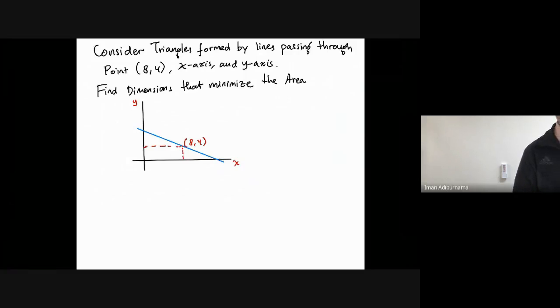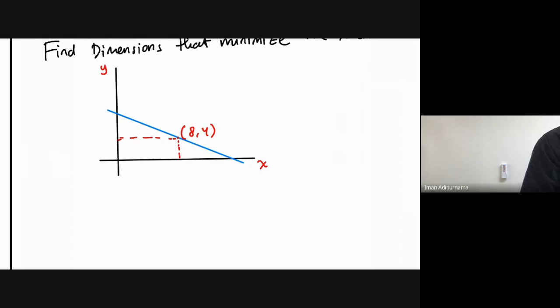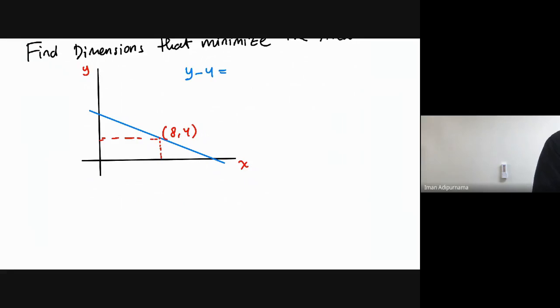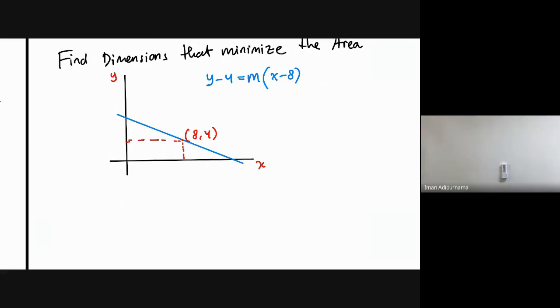Okay. We can write the line equation. y minus 4 is, let's say, the gradient m, and then x minus 8. And we can get easily this x and y if we just make the intercepts y0 and x0.